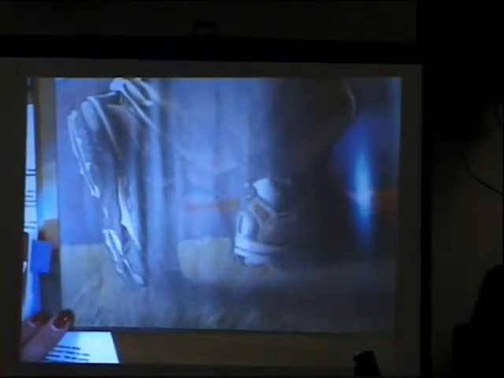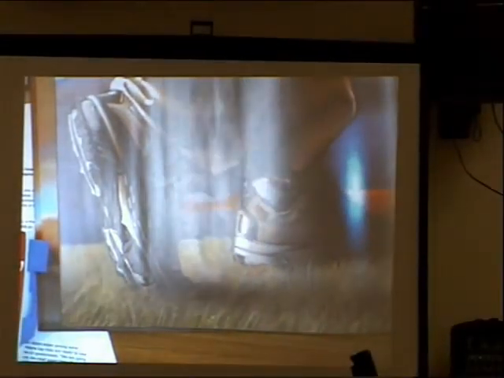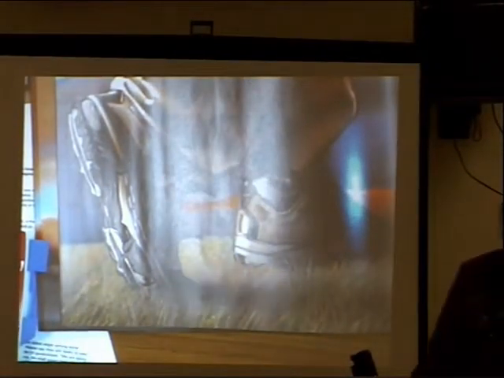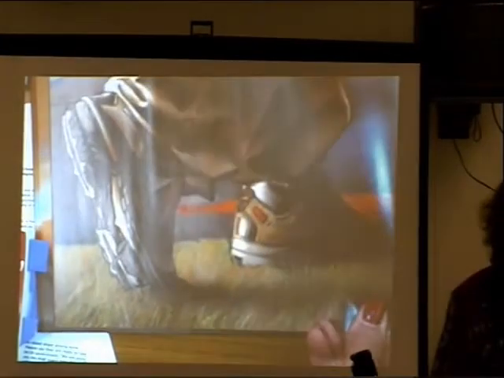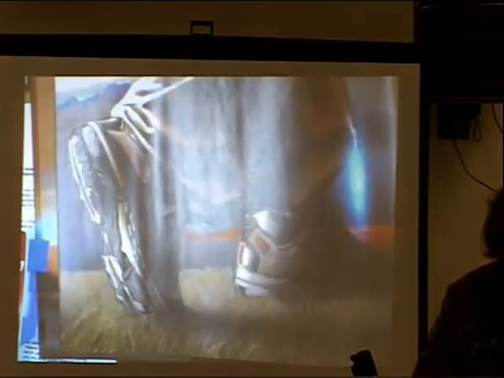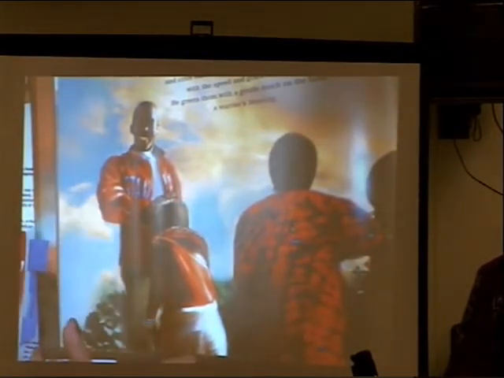Look at the perspective that he uses as well. Isn't that interesting? The way he uses a close-up perspective for this. And then you see he's greeting the children. And I always ask the kids, do you notice anything different in the way he's dressed and the way they've dressed?